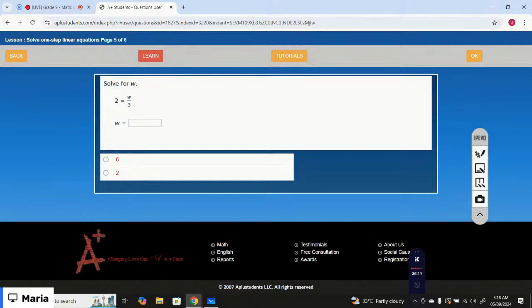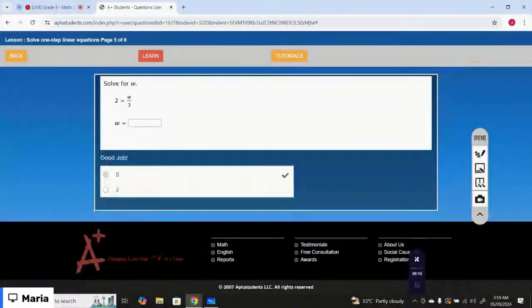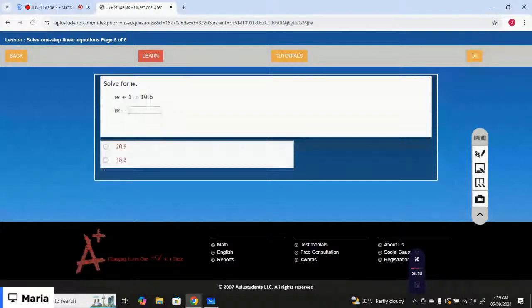Yes, the correct option is 6. Option number 1 is the correct option, right? Okay, the next one is w plus 1 equals 19.6. So which is the correct option?